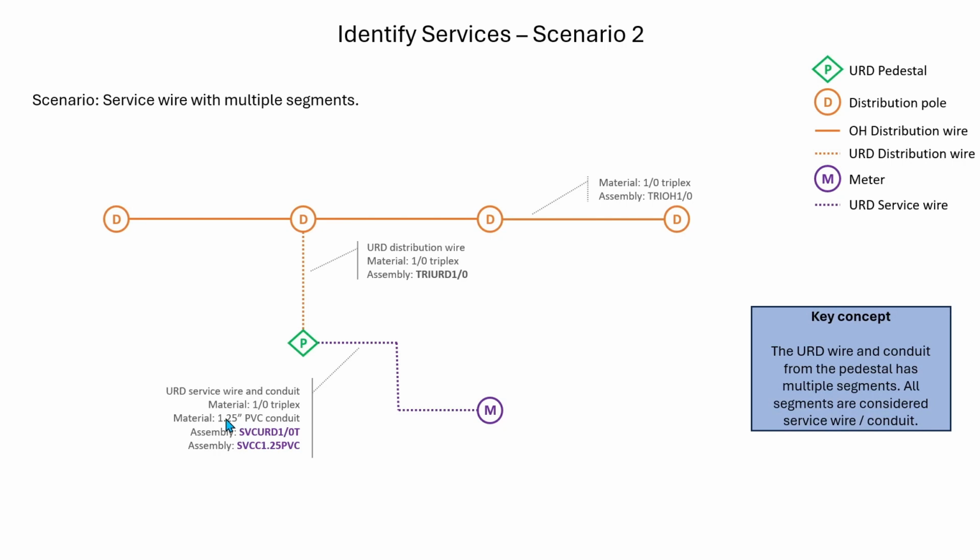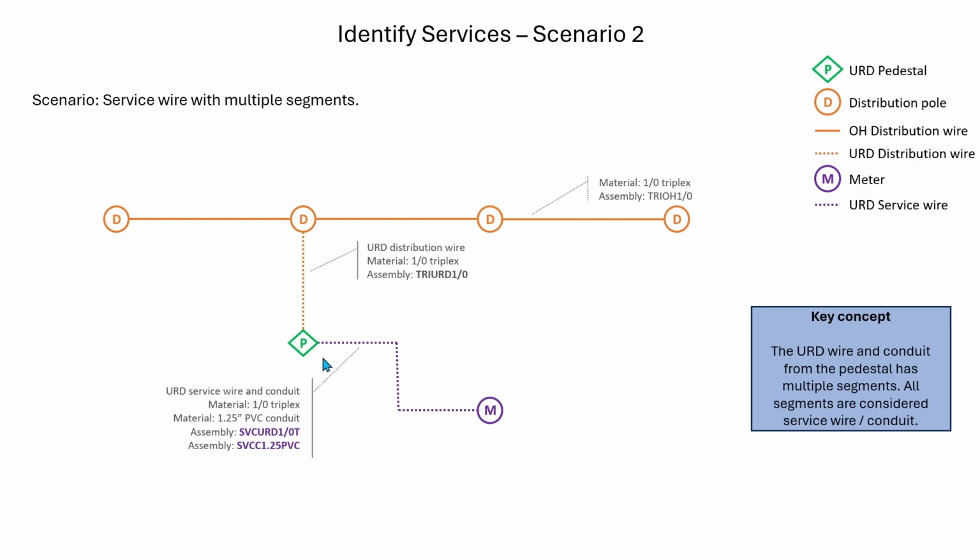In services scenario 2, we have a relatively straightforward extension of what we did in services scenario 1. In this case, we have a pedestal that then has multiple segments of wire going to the meter. Each of those segments is considered to be services.